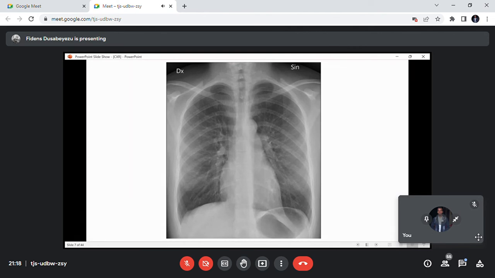Number 2, in the lungs. If I ask you a question, when you are looking at the lungs on a chest radiograph, which are the components of the lungs? What do you think? The lungs are composed of what? Who can tell me? The lungs are composed of what?